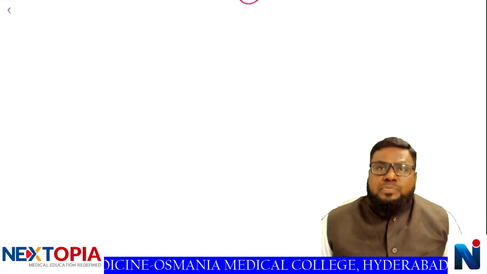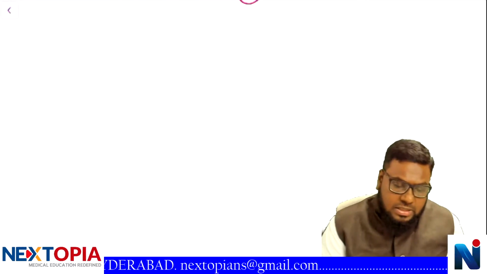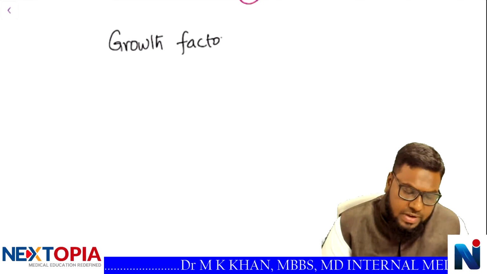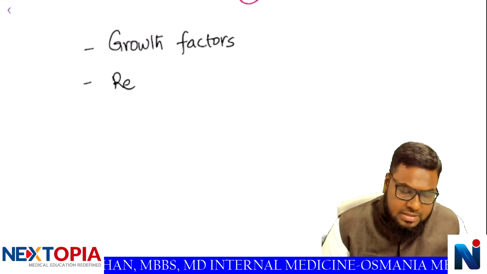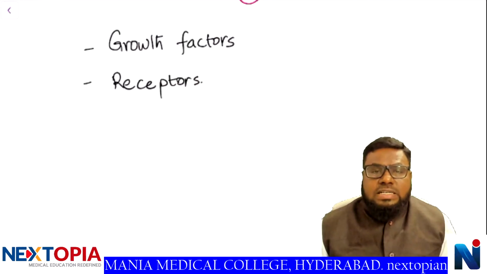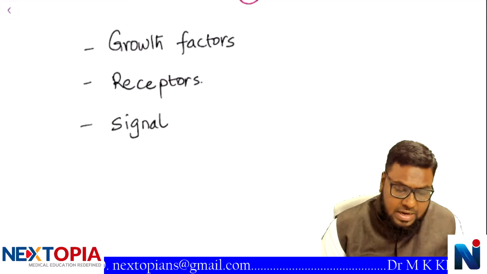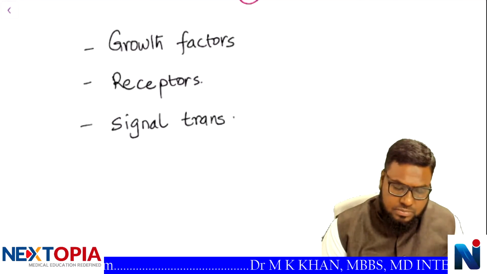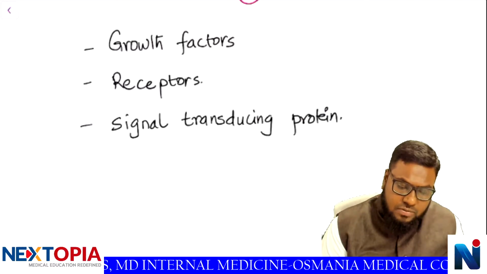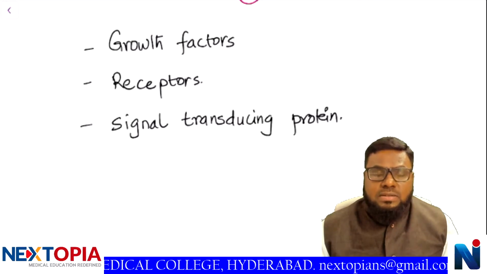So please remember the components that are required for expression of a gene. We need growth factors for expression of a gene. Then we need receptors so that they recognize these growth factors. Then we need signal transducing proteins, which convert the signal from the cell membrane and bring about activity in the cytoplasm.